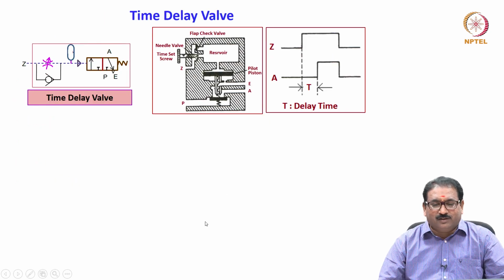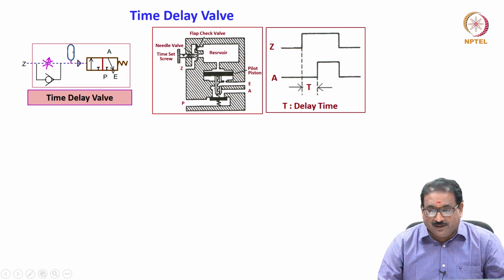Let us see the time delay valve constructional features. This is the time delay valve body. Here how many ports are there? A port, exhaust port, P port, and then a pilot piston is there here. Then the top of this valve is a reservoir, a big reservoir.